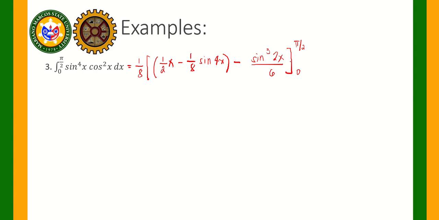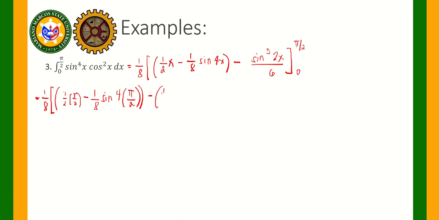So, gawin natin yung upper limits minus lower limits. So, this is equal to 1 over 8 multiplied by, sige, unahin natin to. That will be 1 half times pi over 2 minus 1 over 8 sine 4 times pi over 2. Okay? So, yan yung upper limit natin.